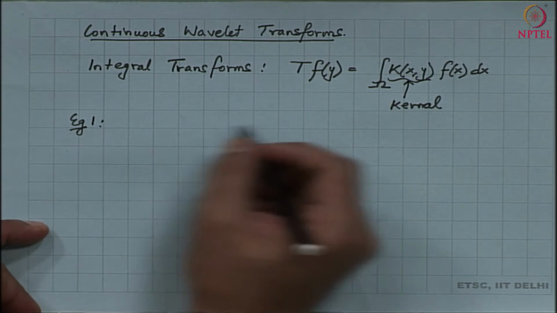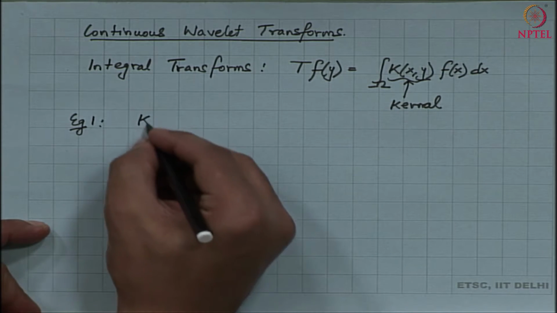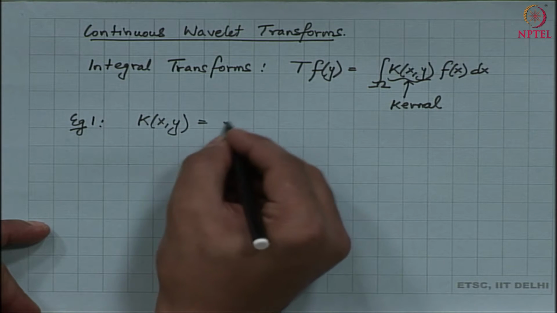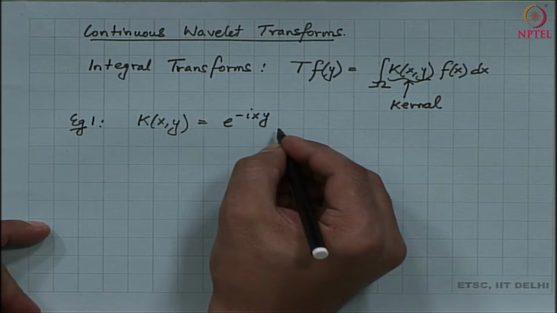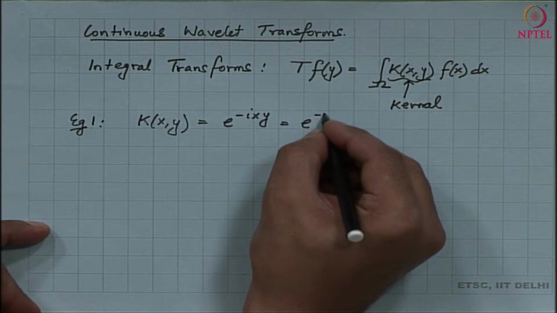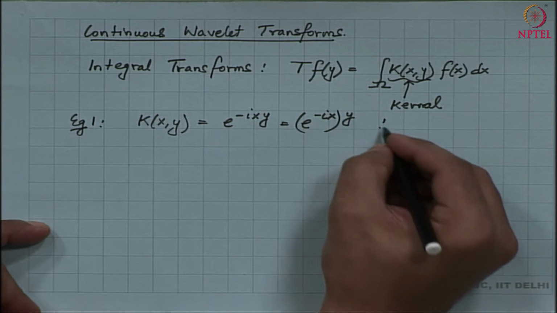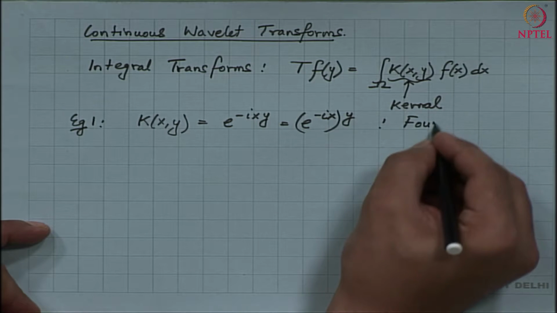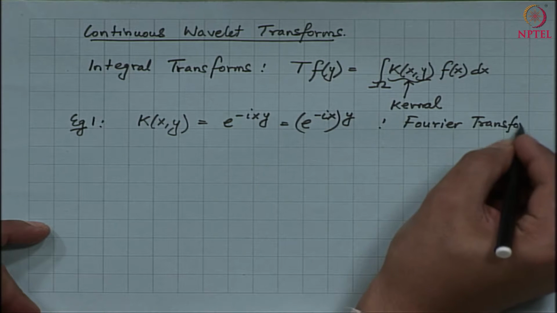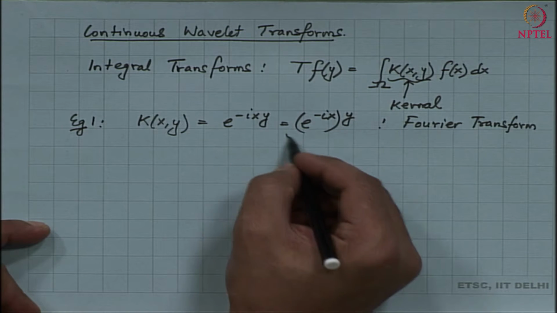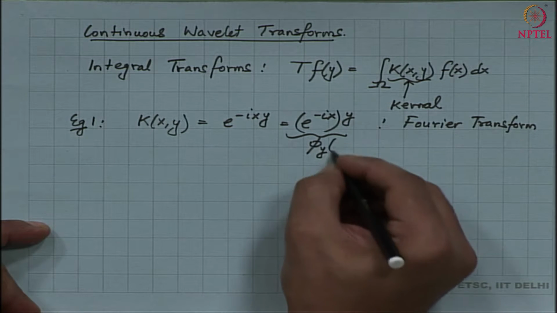so then, we have seen different types of kernels in our discussions of different transforms. In particular, suppose my kernel is the following trig function, e to the power minus i x y. I know that this is the case of my Fourier transform. This has already been discussed in great detail. Let me call this particular function phi of y of x.